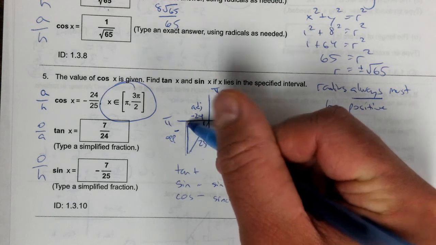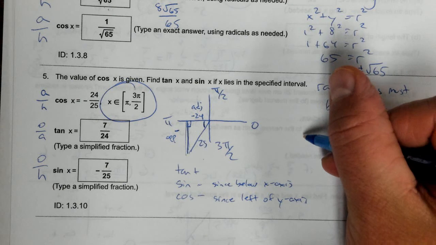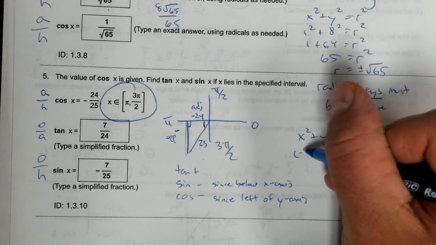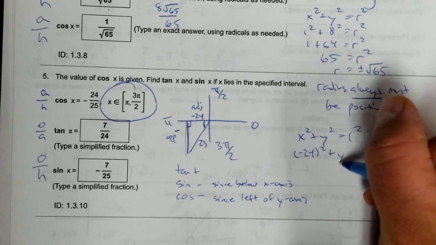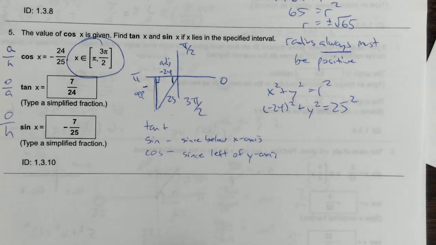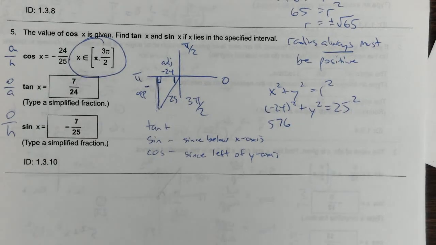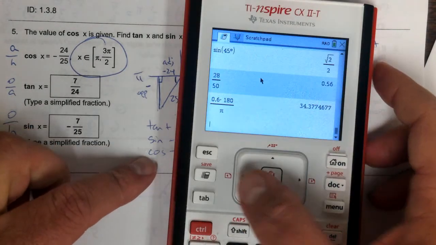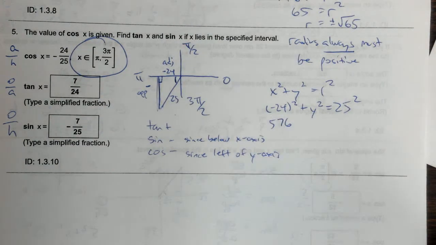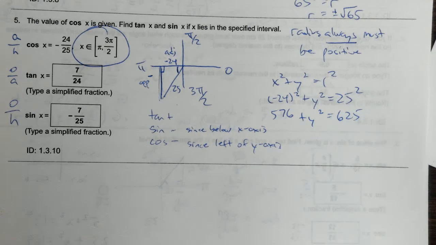I'm downstairs. So let's do the Pythagorean theorem. We know we have x squared plus y squared equal r squared, and that's negative 24 for x and 25 for r. So then you can do this, 576, I think. 24 squared, same thing as if you have negative with parentheses. 625, I believe.